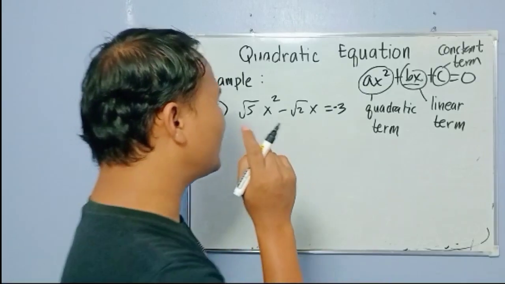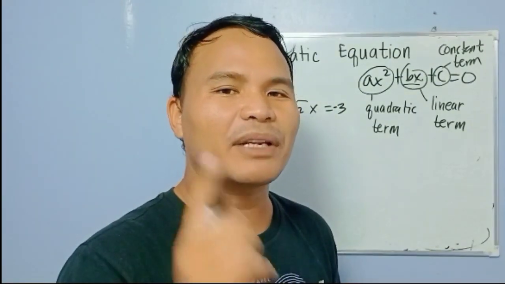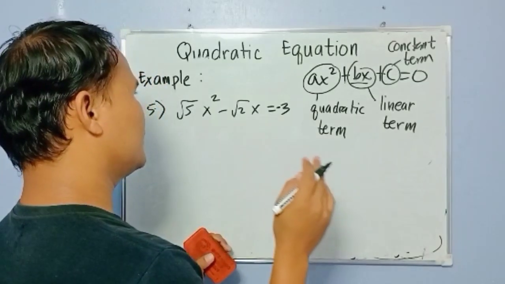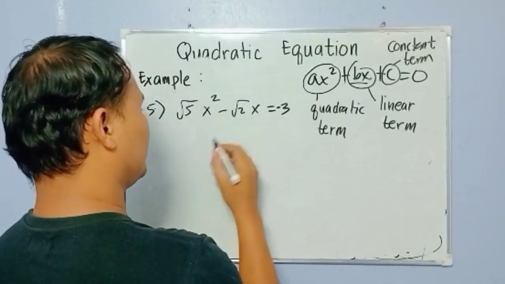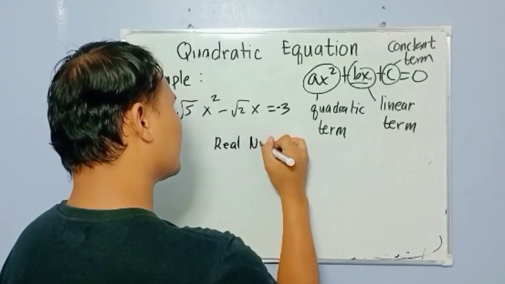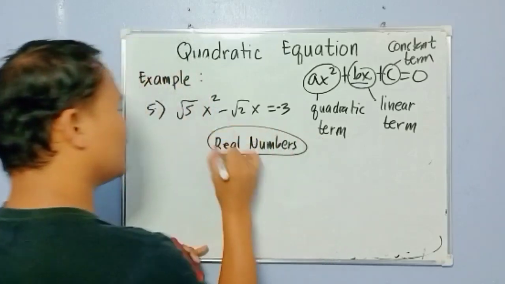Take note, kung ingon mo nga, this is not a quadratic equation, then you have a problem knowing what is a real number. Okay, so para ma-convince mo nga quadratic equation na siya, let us know what are real numbers. Real numbers.